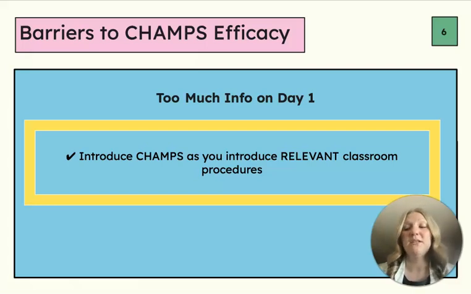One of the barriers that keeps CHAMPS from being the most successful is introducing all of those expectations for every activity that we are going to be doing in our classroom on the first day of school. We can counteract this by introducing our expectations gradually and only as students need them to complete relevant routines and procedures in our classrooms.